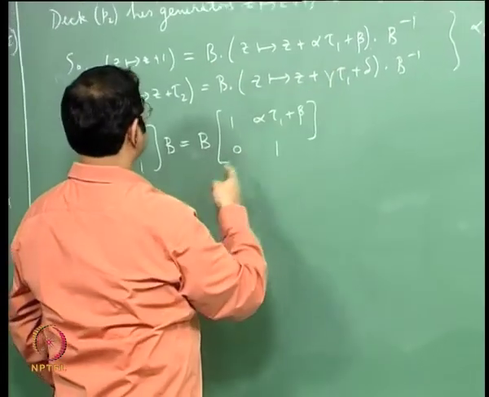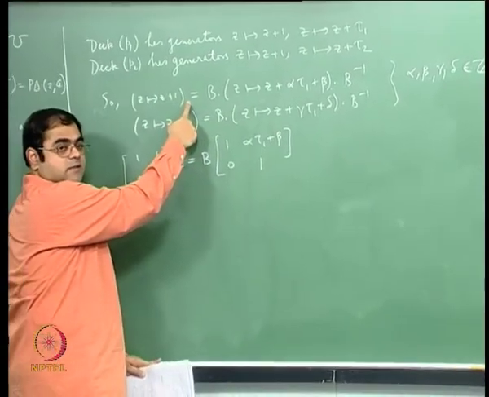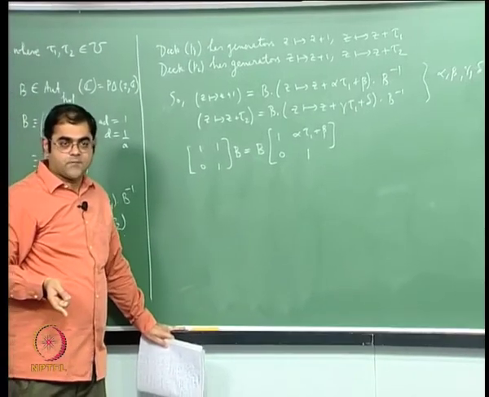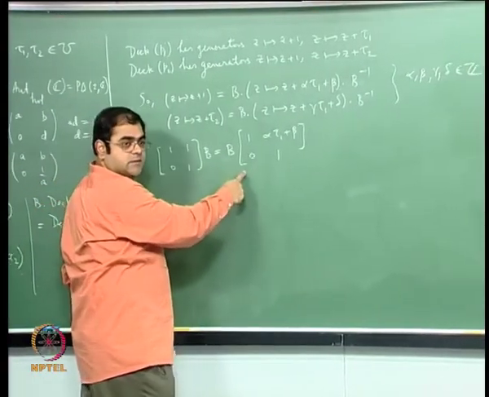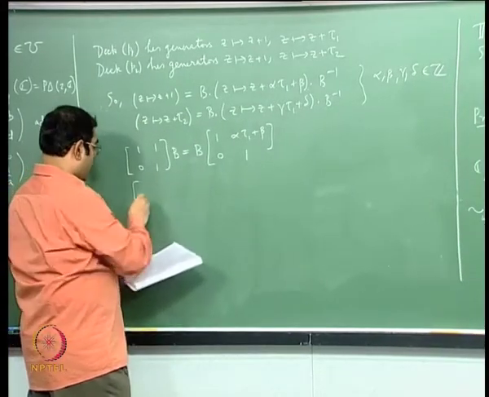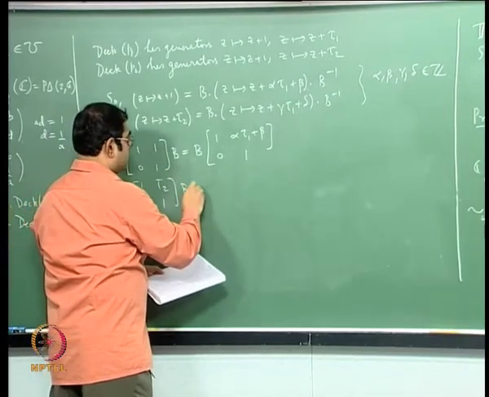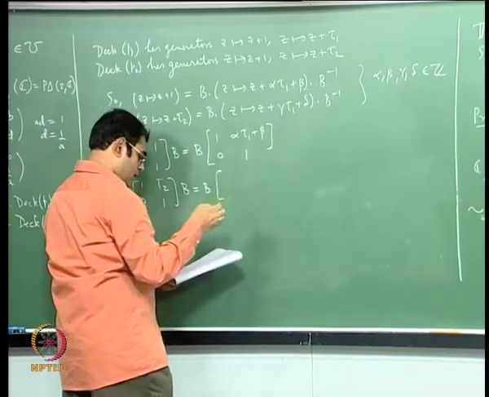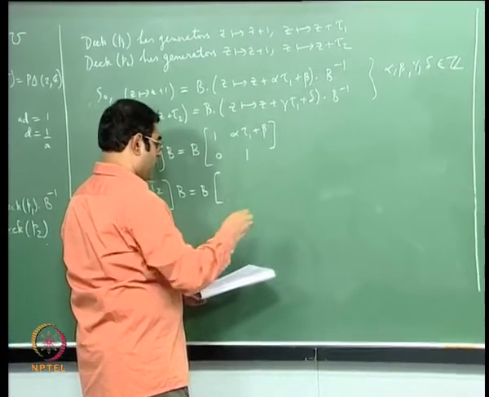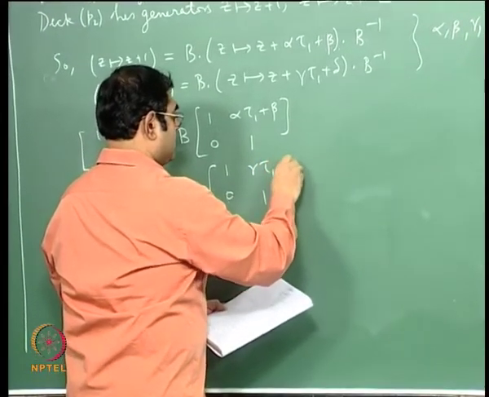I have pushed this b inverse to the right; I have multiplied both sides of the equation on the right by b, okay, and if I write it in matrix form, this is what I get. Similarly, if I do it to the second equation, what I'll get is (1 tau 2; 0 1) b is equal to b times the other one, which is (1 gamma tau 1 plus delta; 0 1).